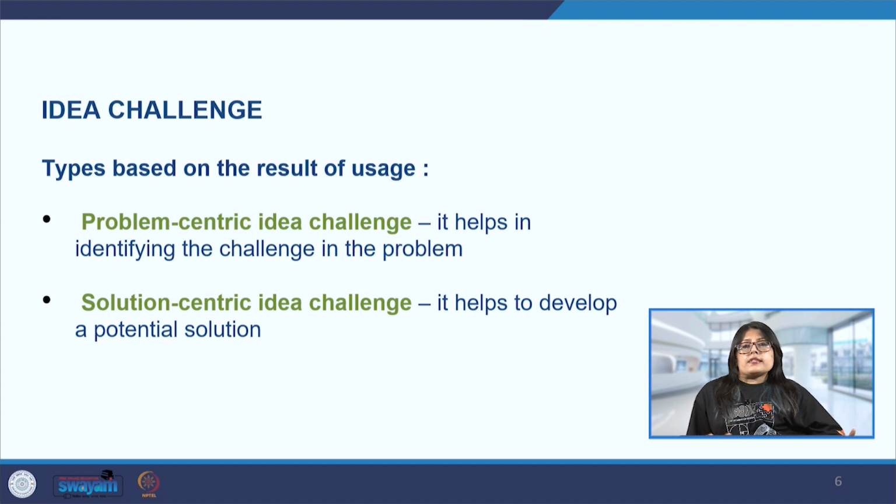So this is identifying the challenge. It is more centered towards the problem itself and how we can find the challenges in the problem. The solution-centric idea challenge helps in developing a potential solution.